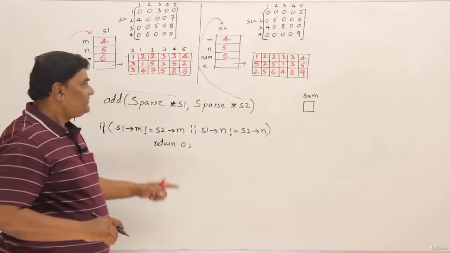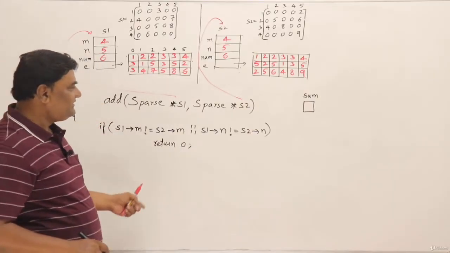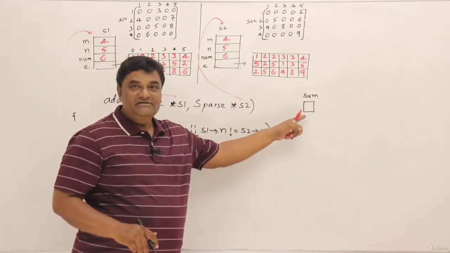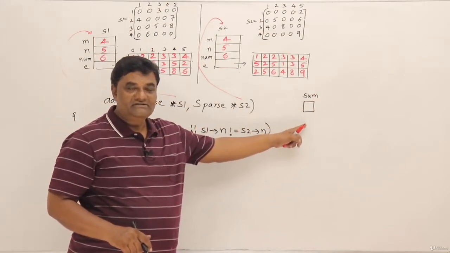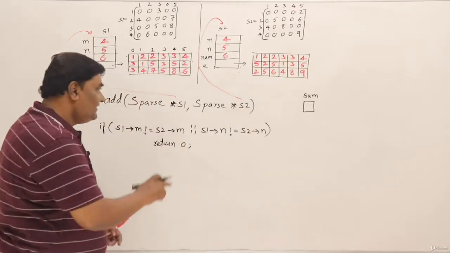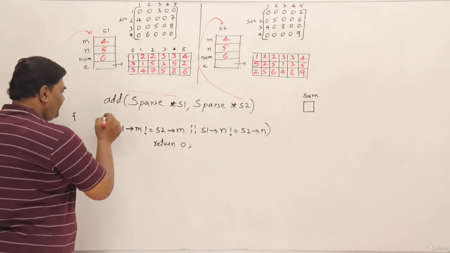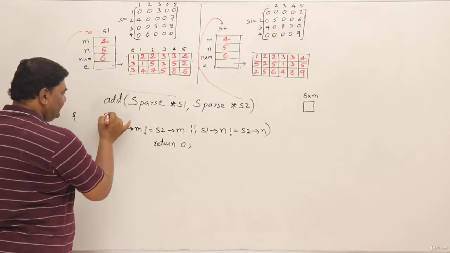How to do that? For adding, first of all, I should create a third object. So here I have already taken a pointer called sum. For that I will create an object, so I should have a sparse pointer sum inside this function.